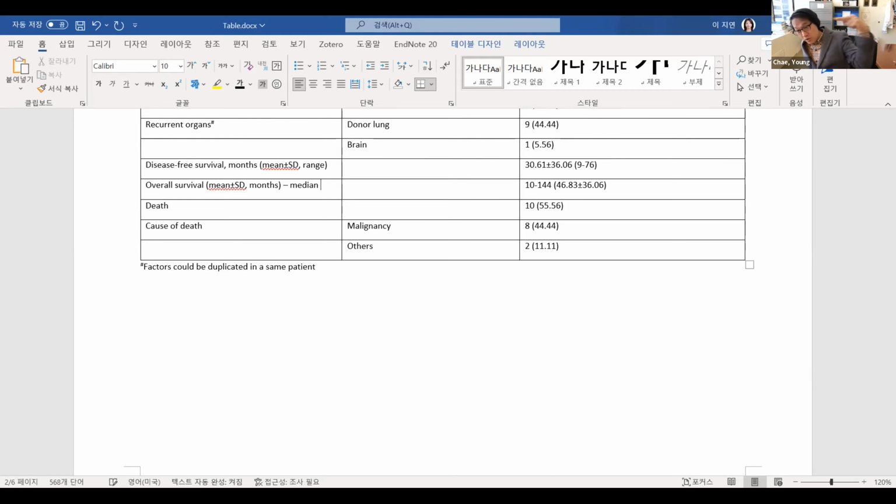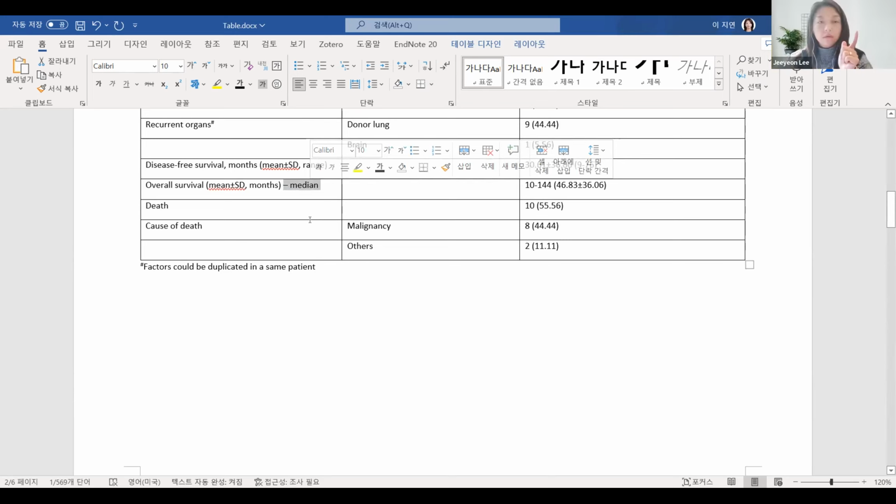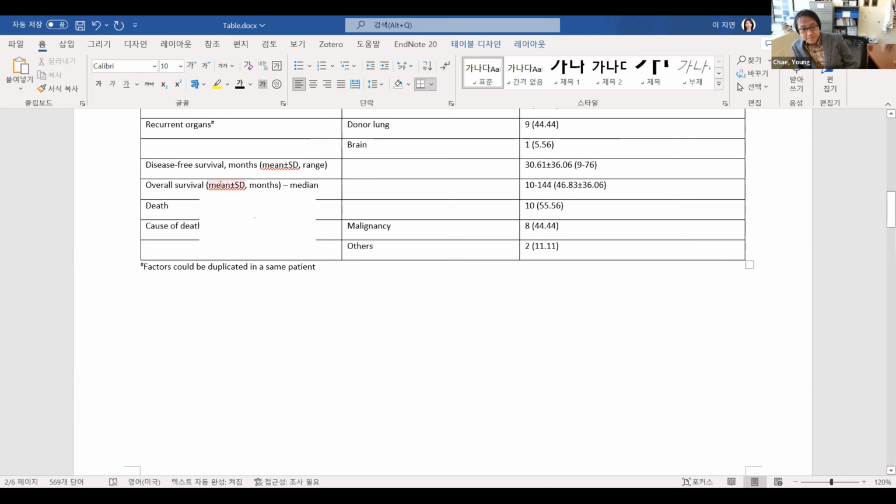I mean, that's how we do the 50% in clinical trial results. That is more widely used. I think median overall survival. Then median then range, or median then mean? Median then mean. All right.